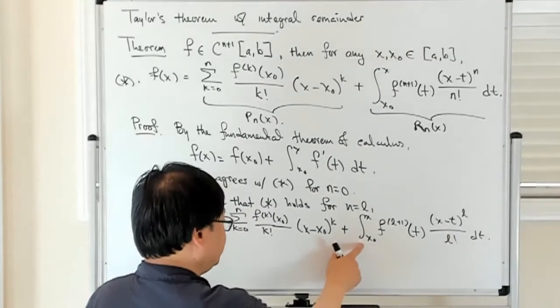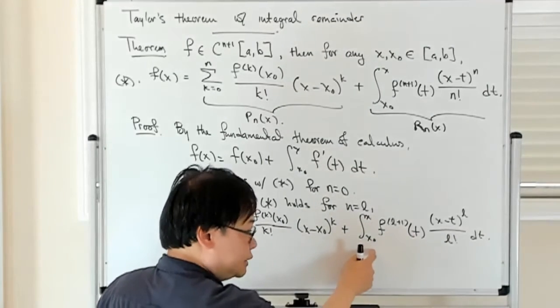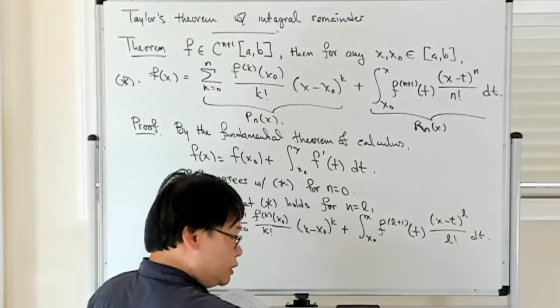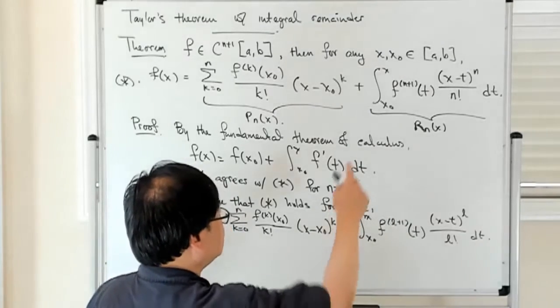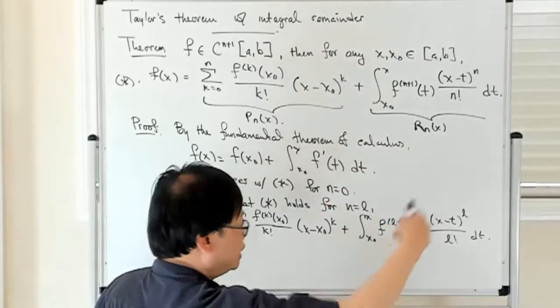And what we're going to show is that when you apply integration by parts to this integral term, you'll get the next term in the Taylor polynomial plus the next higher remainder term.